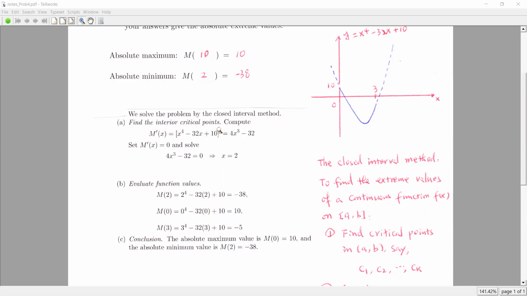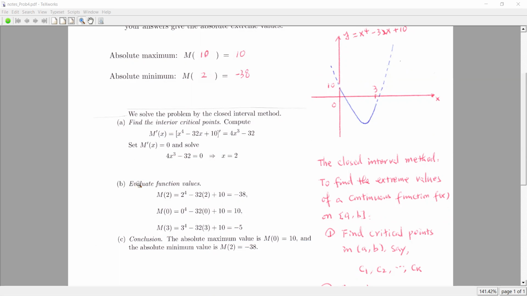So to find critical points, I compute the derivative of the function. The derivative is this. Set the derivative to 0 and solve this equation. Then I have 1 critical point. This point is between 0 and 3, inside the given interval.